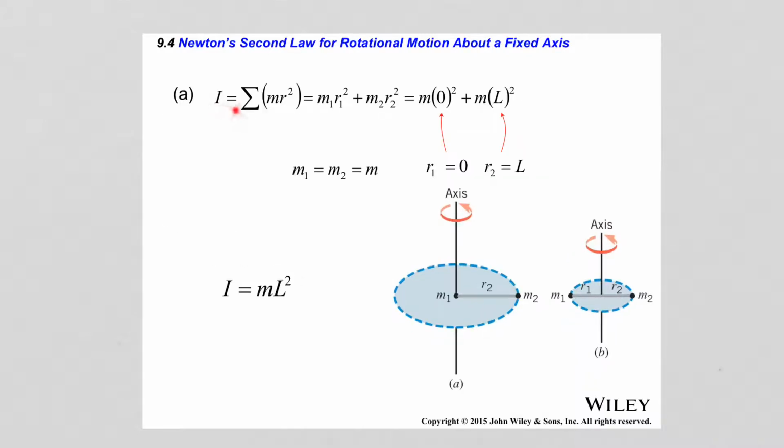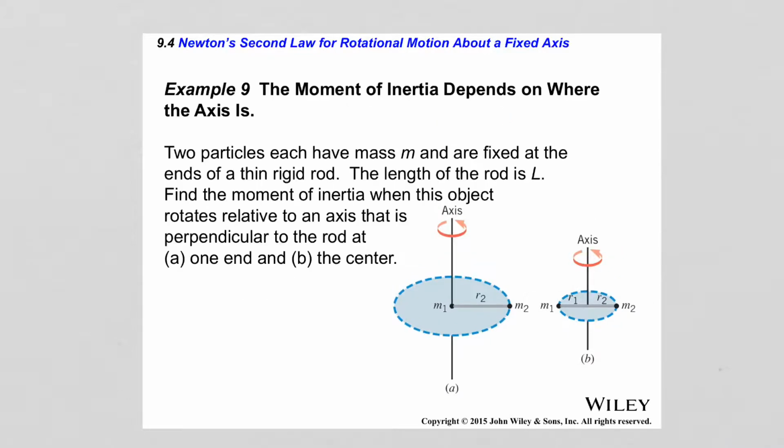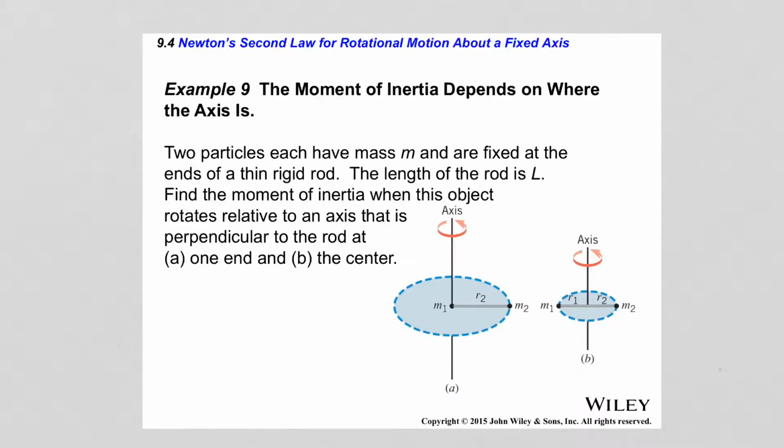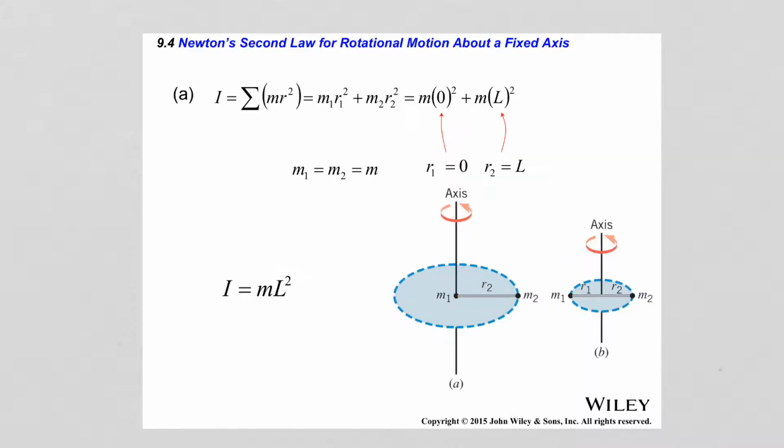From the definition of moment of inertia, which is the sum of mass times distance to the axis of rotation squared, we get m1 r1 squared plus m2 r2 squared, which gives us m times 0 to the second power, since the distance from particle m1 to the axis of rotation is 0, plus m times L to the second power, since the distance from m2 to the axis of rotation is the length of the rod, L. And so the result of the calculation gives us that the moment of inertia of this system is equal to mL squared.